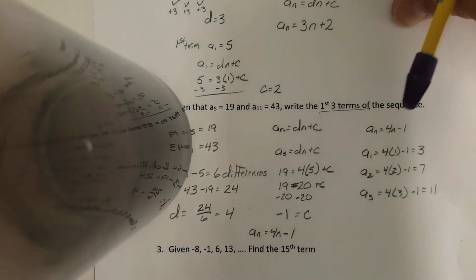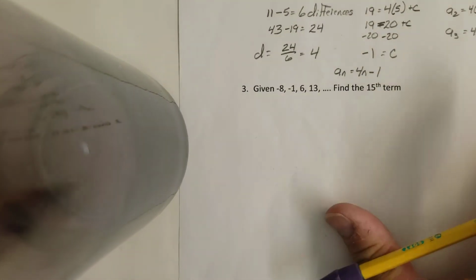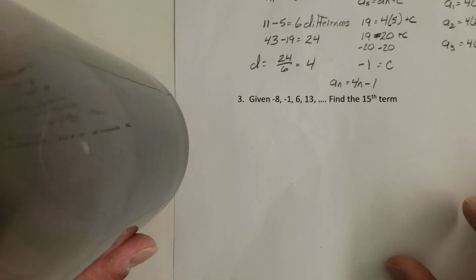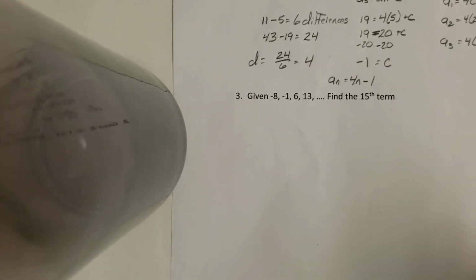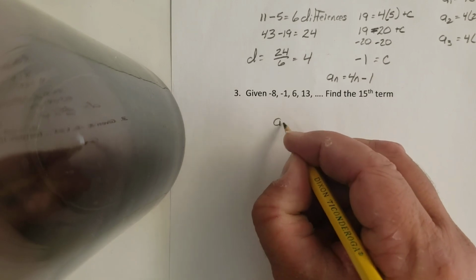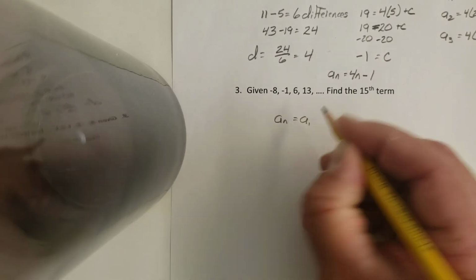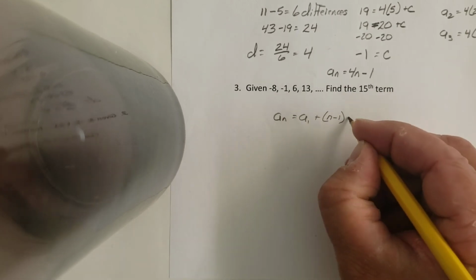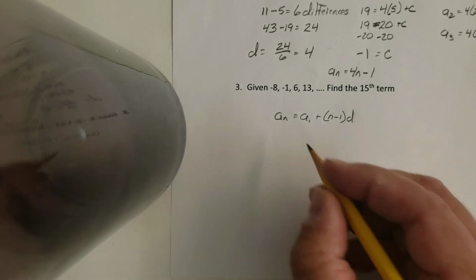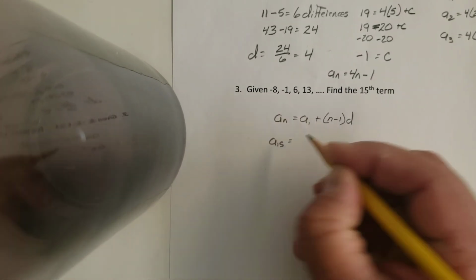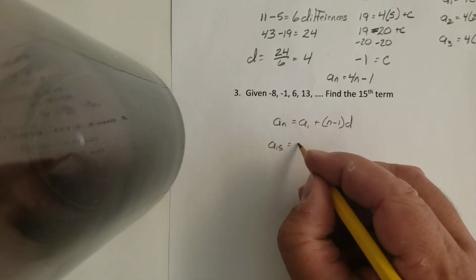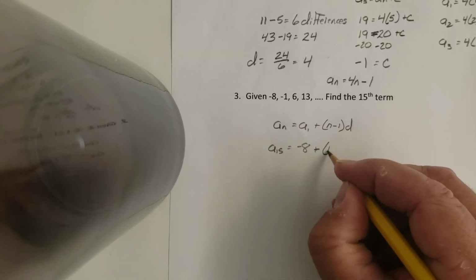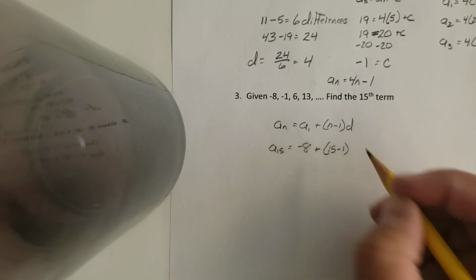Okay? And now the last example, given -8, -1, 6, 13, and on, find the 15th term. So I'm actually going to use a recursive definition here. A sub n equals your first term plus n minus 1 times the difference. Okay, so if I'm looking for A15, my first term is -8 plus the number of terms minus 1, and I need to find my difference.